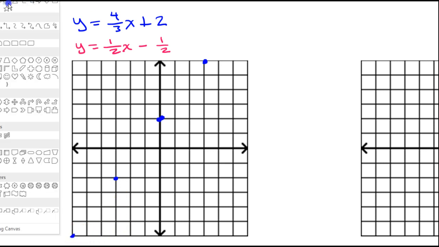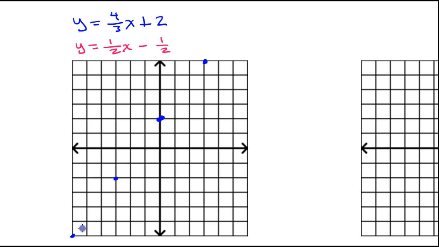Okay, and I'm going to try to be a little bit more precise with my line this time. Because of the decimals involved, I'm going to use my line tool, so I'm cheating a little bit. Okay, so there I've graphed that line.